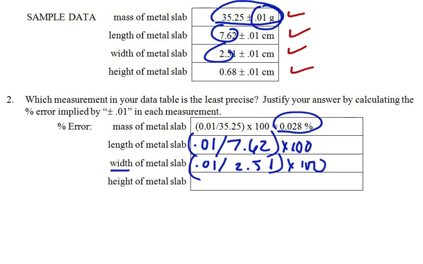And finally for the height, 0.01 divided by 0.68 centimeters times 100. You can notice what's happening in each of these cases: it's centimeters divided by centimeters, so these are all going to be unitless numbers.